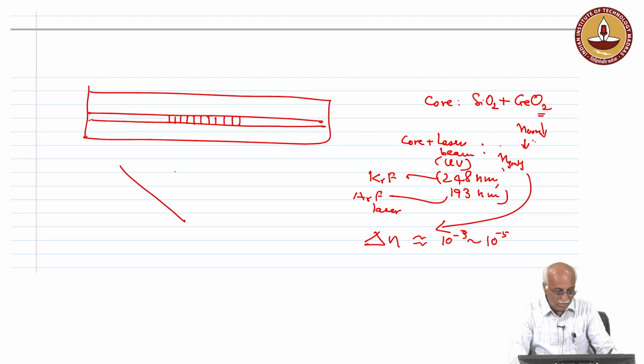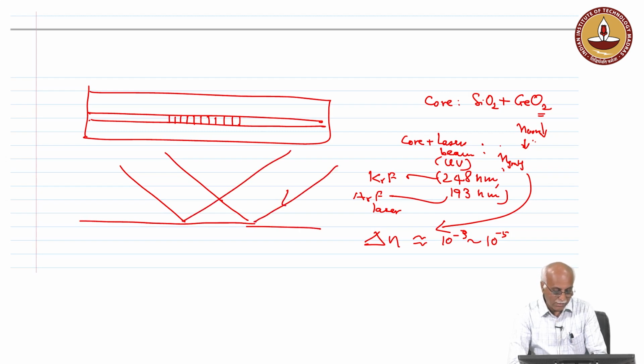So, if a laser beam interacts with another laser beam, with the same phase, the same wavelength and polarization state, you will see that there will be an intensity difference like this.